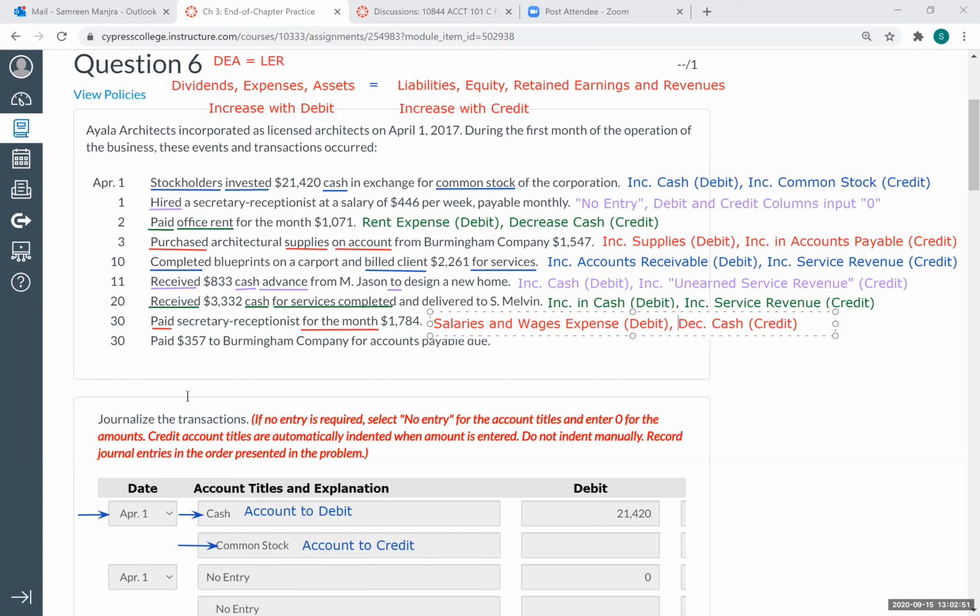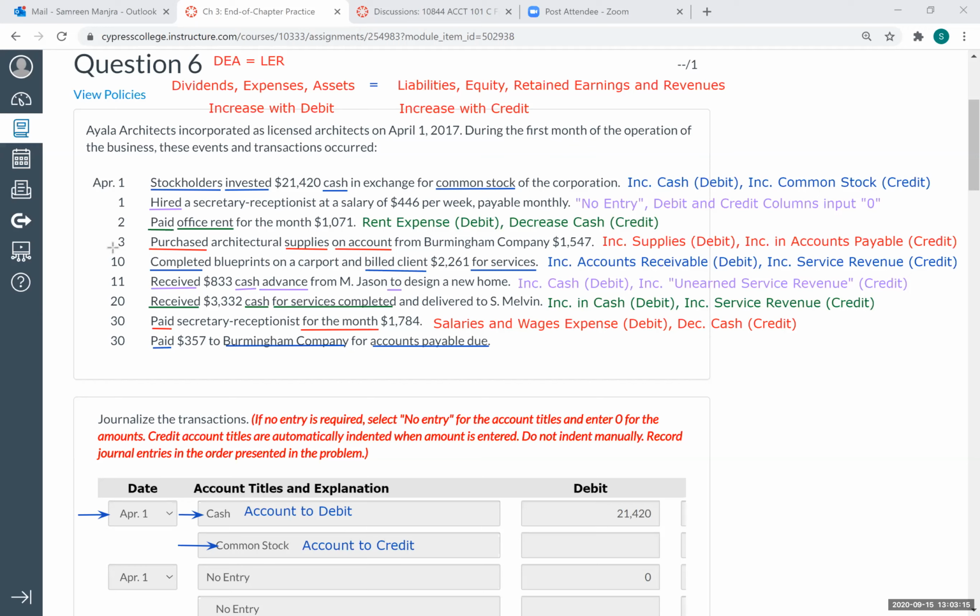In this last transaction in April, the company paid money to Birmingham Company for accounts payable due. One of the things that's really important when you're doing your journal entries is to go in chronological order. So go in sequential order based on date.